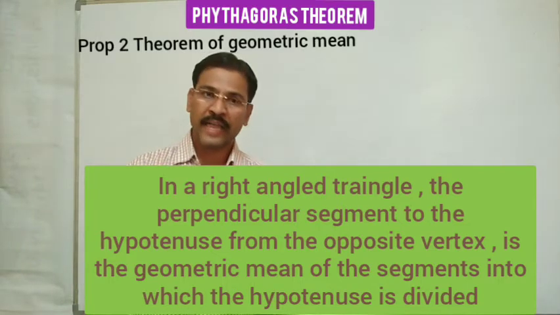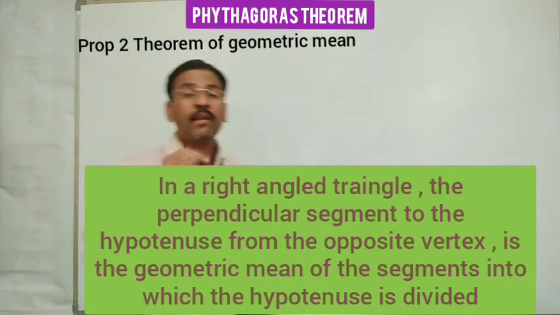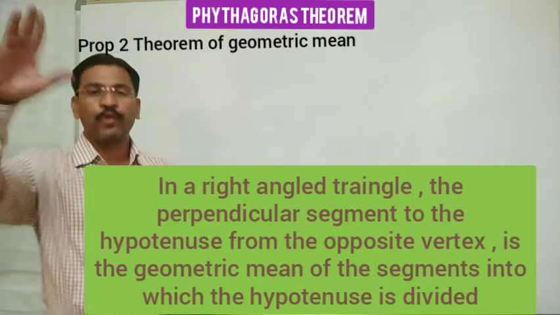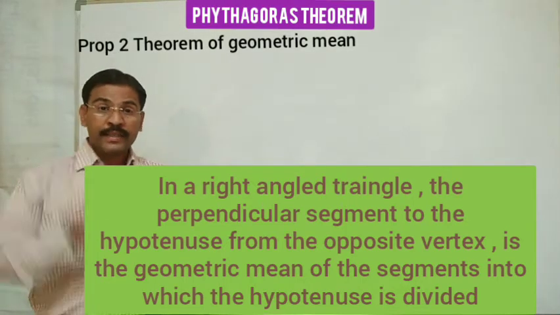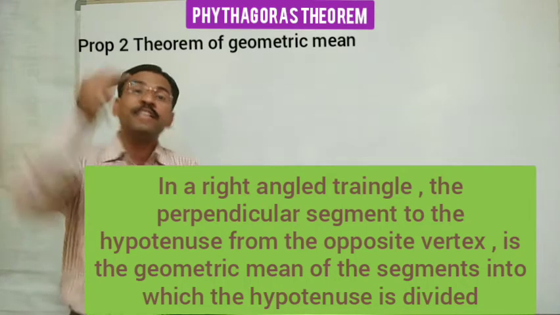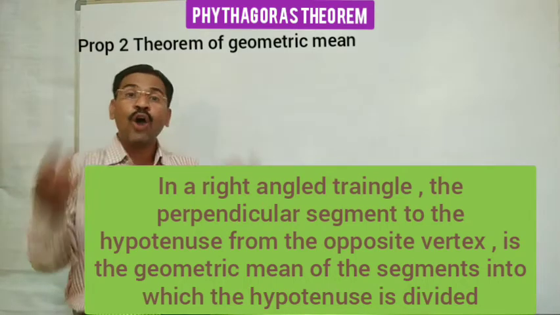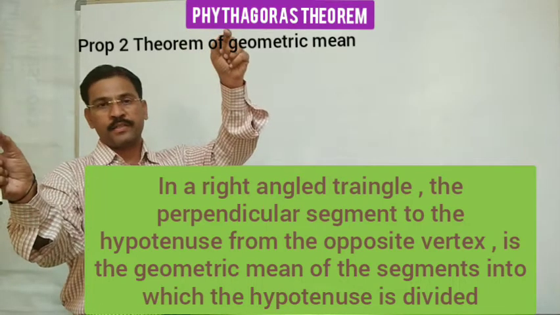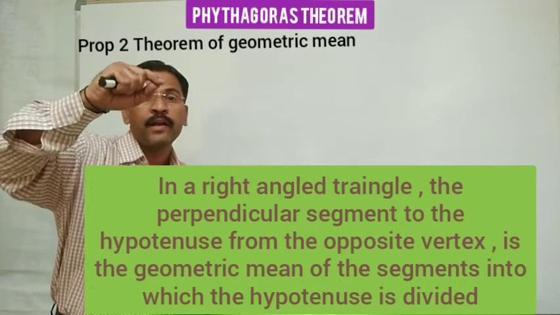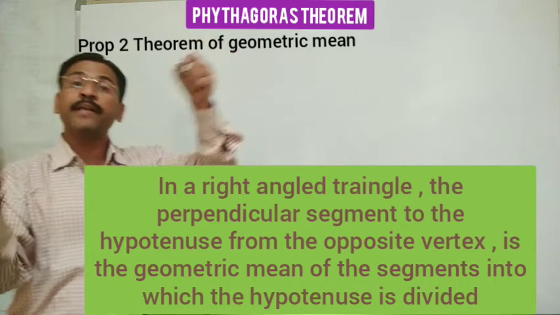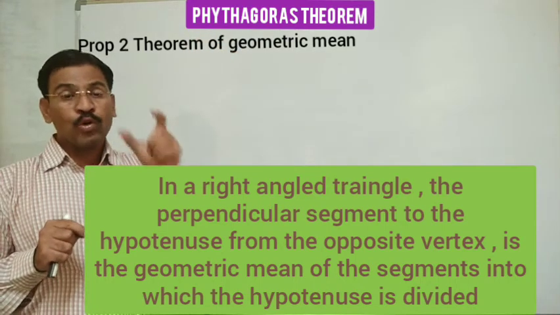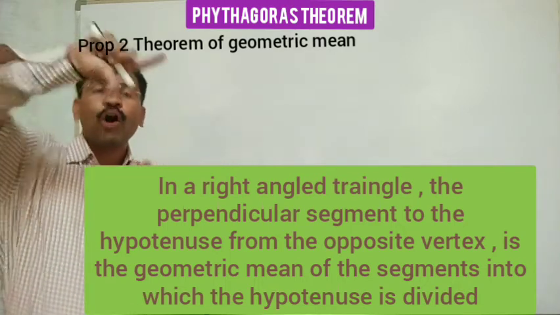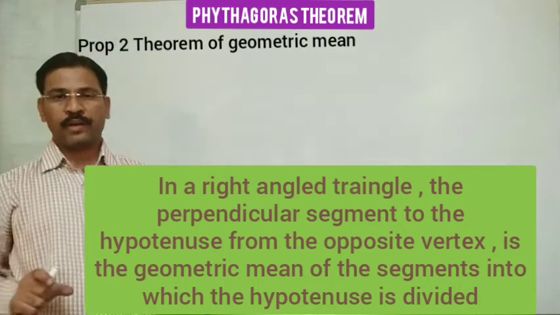In a right angle triangle, the perpendicular segment drawn from the vertex of the right angle to the hypotenuse, then that perpendicular segment is the geometric mean of the two parts of the hypotenuse. Because of that perpendicular, the hypotenuse is divided in two parts. So that perpendicular segment is the geometric mean of the two parts of the hypotenuse.